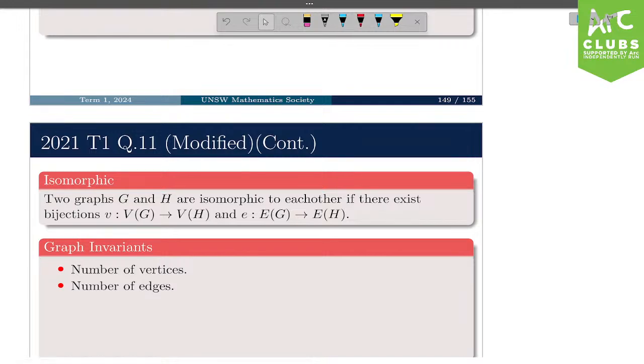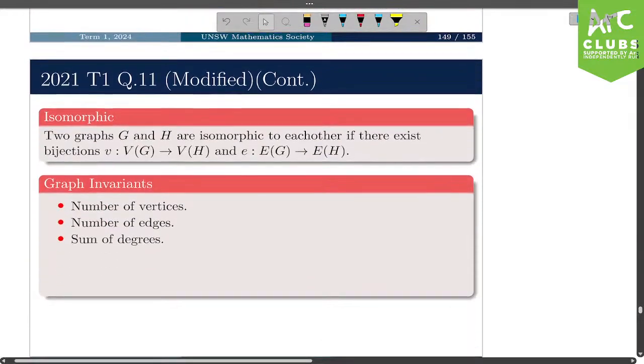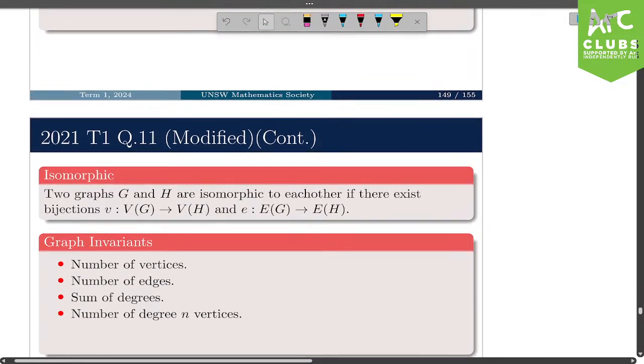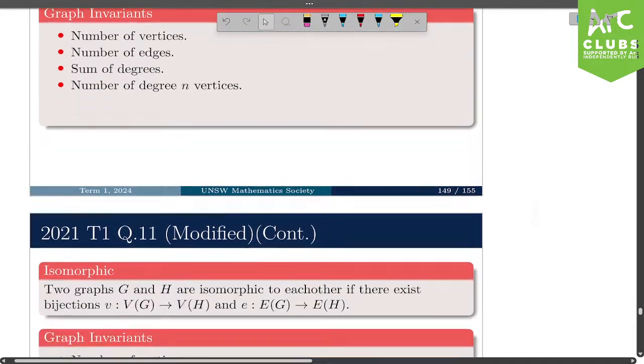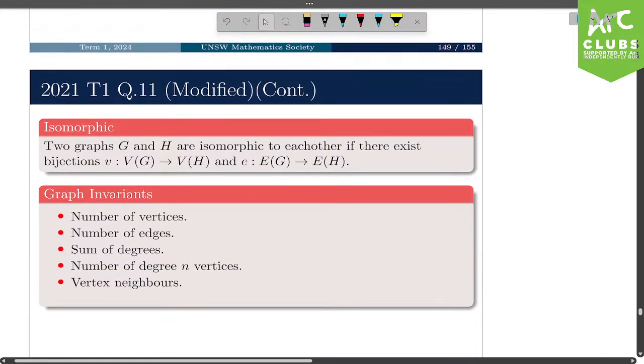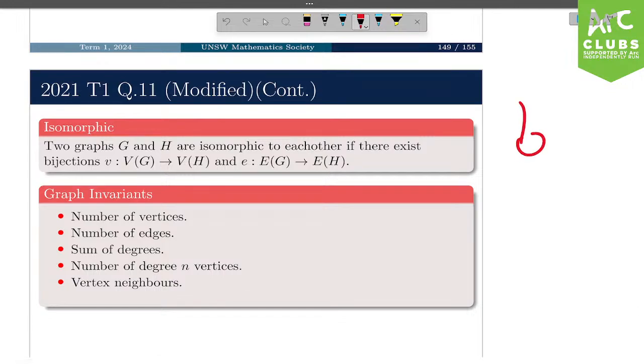So some of them, the two easy ones are like the number of vertices and number of edges. These don't help you out too much, but ones that do are the degrees for each of the vertices, right? And also the neighbors, in terms of if you have a vertex of degree 3, right, connecting to a vertex of degree 4, right, that is an important result. And it helps us reduce some cases about what a vertex mapping could be. So it like connects to 4 degree 4 vertices, like this.